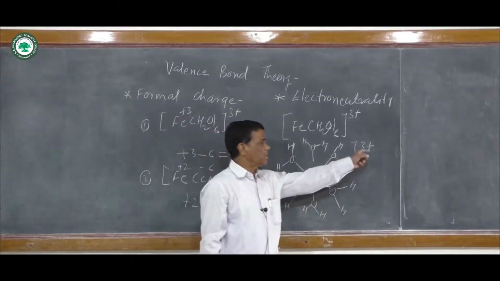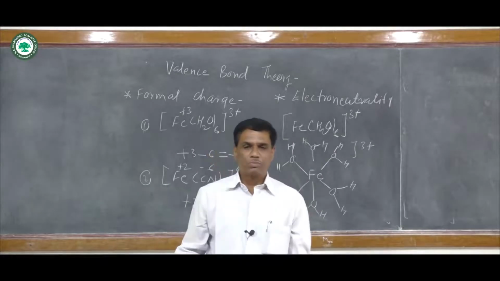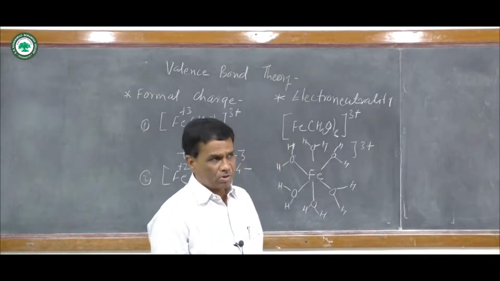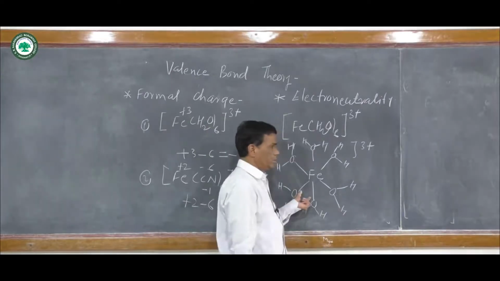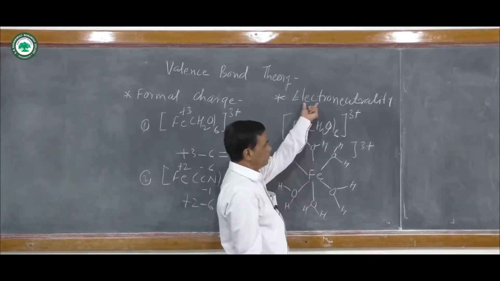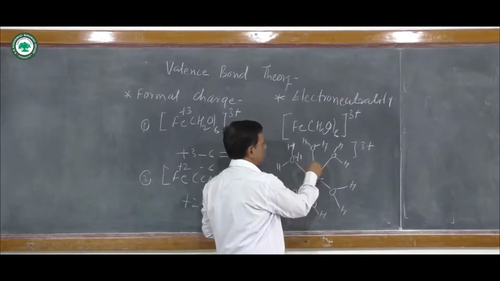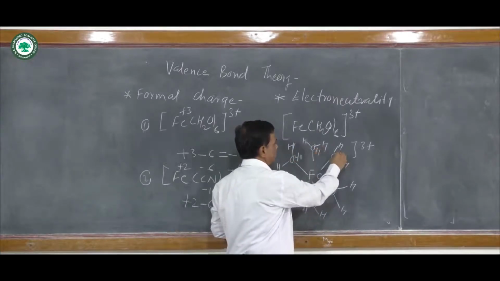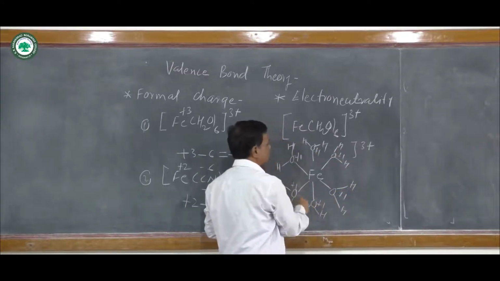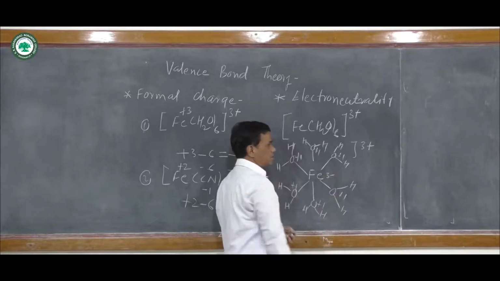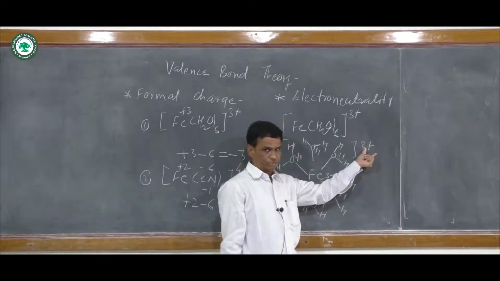Okay, the charge on the complex is equal to 3 plus. Suppose this complex forms a covalent bond, a 100% covalent bond. When there is electron neutrality, suppose the charge is equal to plus 1, then here plus 1, plus 1, plus 1, plus 1, plus 1 and plus 1, and here 3 minus charge is there. Therefore, the charge is equal to 3 plus.